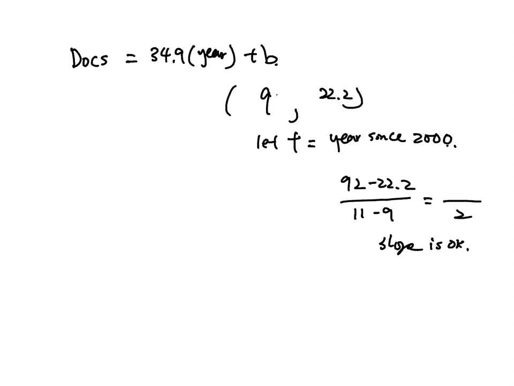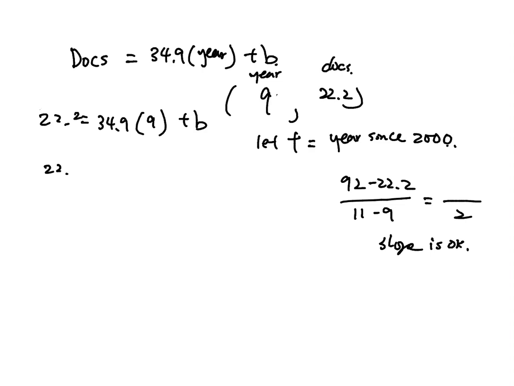So to figure out the finished equation, it has to be documents equal 34.9 times, if I use the 2009 and 22 million in 2009, I'm going to plug in 9 here plus B, and the documents will be 22.2. Okay, so year and documents.